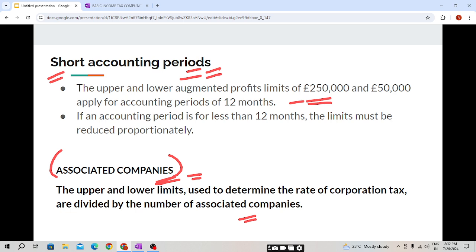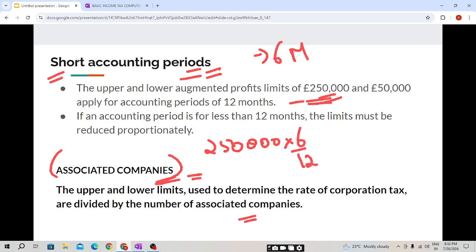If the accounting period is short, we will reduce it, and if we have associated companies, then what is the number of the associated companies? That number will be used to divide the upper limit. As we have seen in our example, 250,000 into, so our accounting period is only 6 months, students.